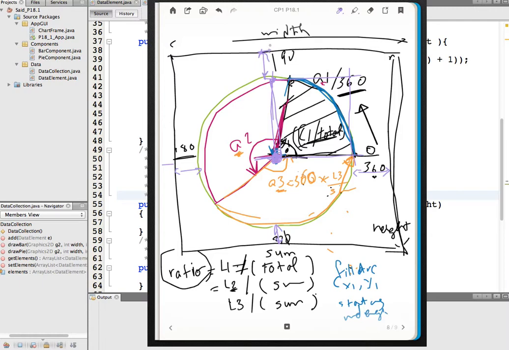The x is the same as the center point, so you can say that this is the width divided by 2, and the y will be that distance, and this could be the same distance.